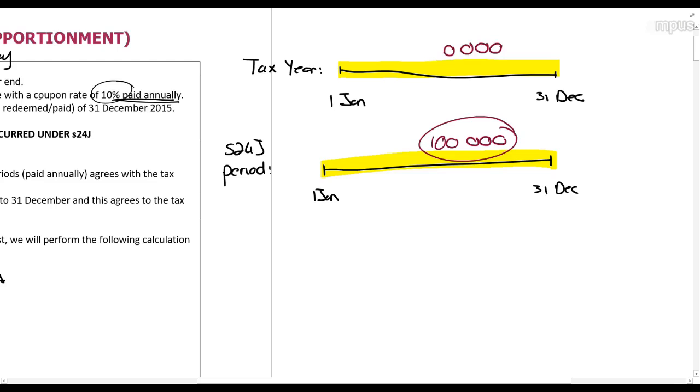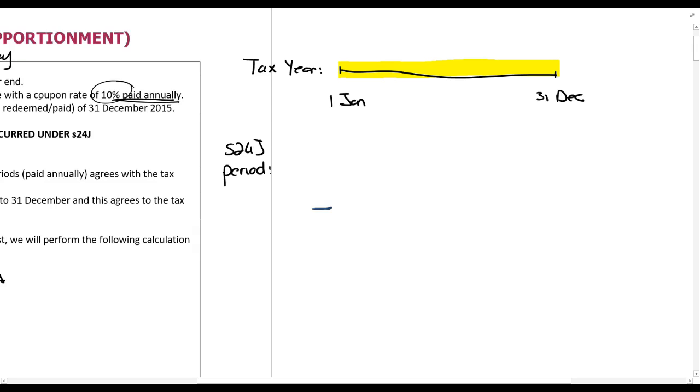Now, why? I know that sounds very logical and simple, but the problem comes in, for example, if this wasn't on the 1st of January, so just bear with me for a second here. Let's say our section 24J period, when the debenture was issued, runs from the 1st of March until the 28th of February.